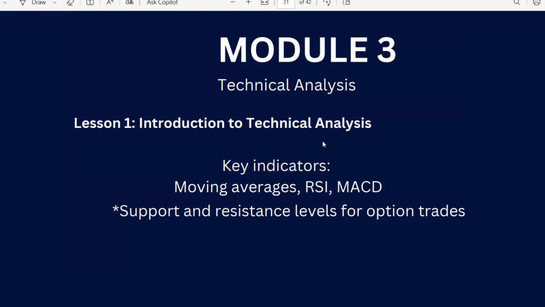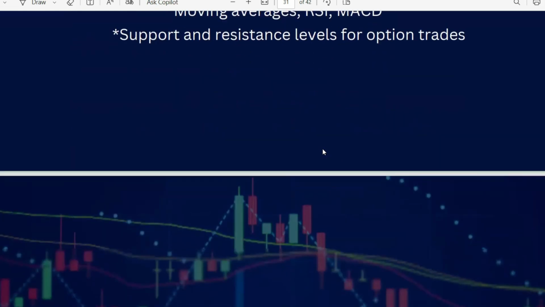And what are things that make up technical analysis? How can we use technical analysis in trading? Some of the things we have are key indicators, moving averages, RSI, the MACD, support and resistance levels for options. These are things we're going to be talking about in our technical analysis class.